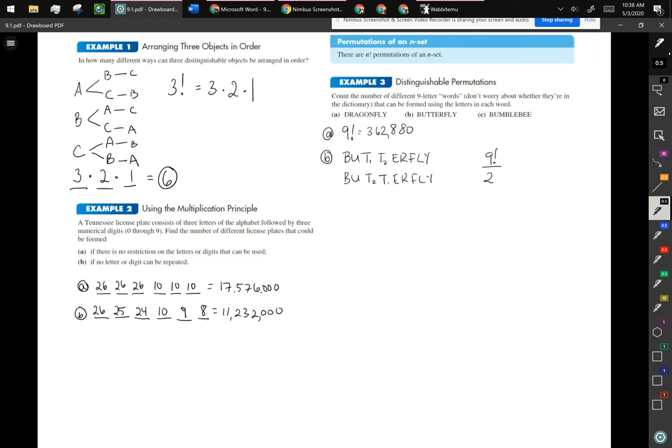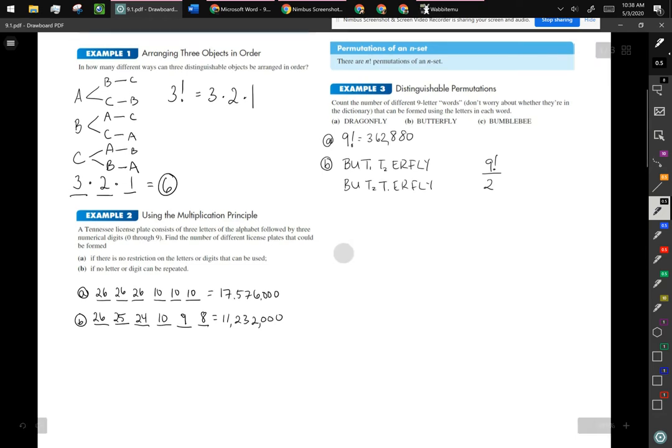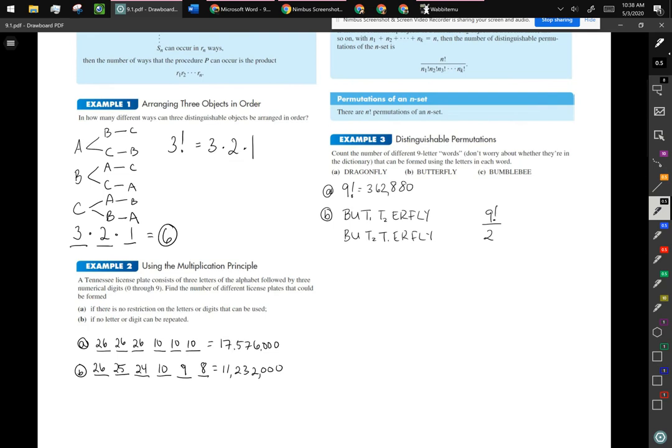But just to make it clear as to how the formula actually over here works, you see that? Why do they have factorials? Well, if you think about it, T and T got switched. So really, we end up with increasing the number by a factor of however many number of letters are repeated.